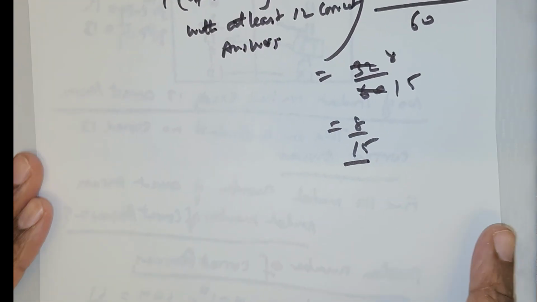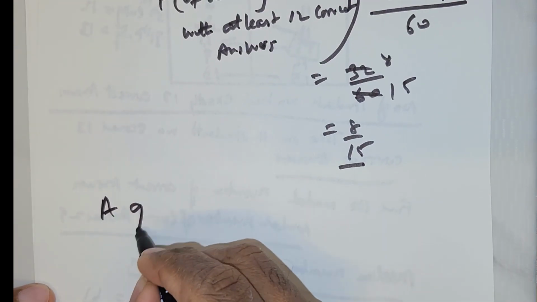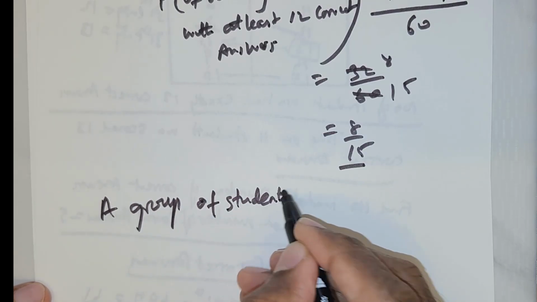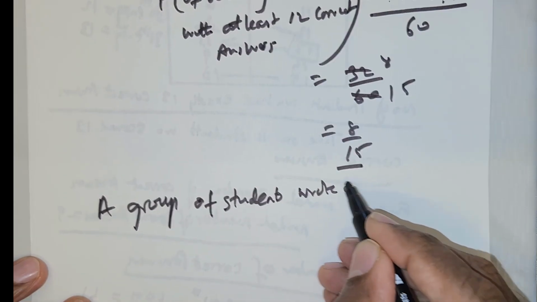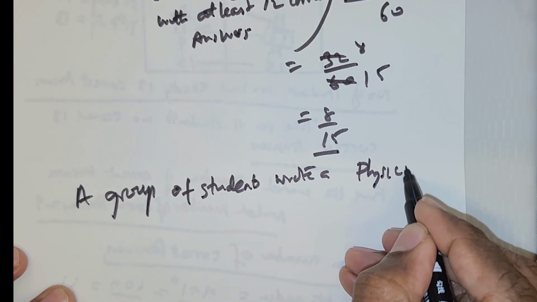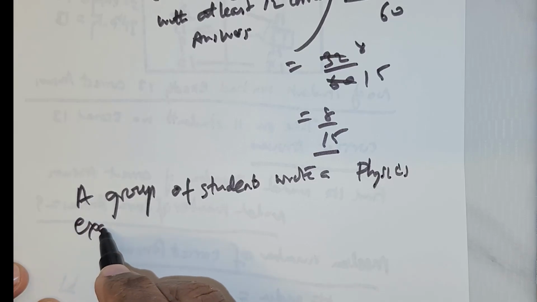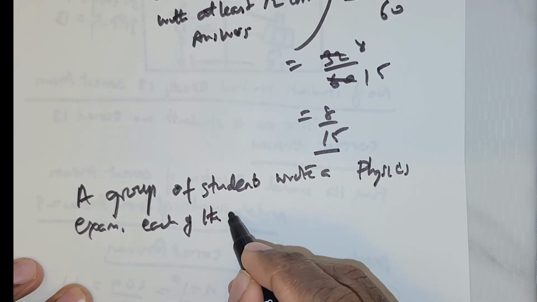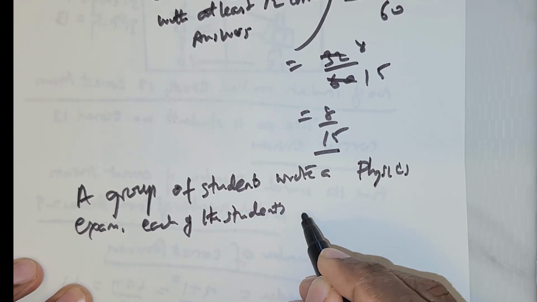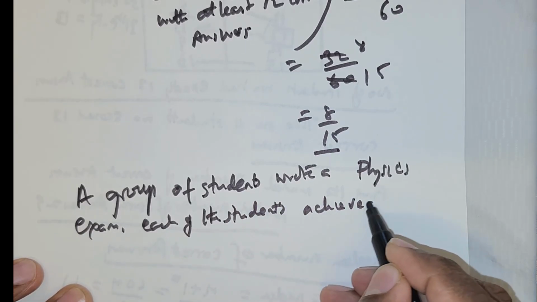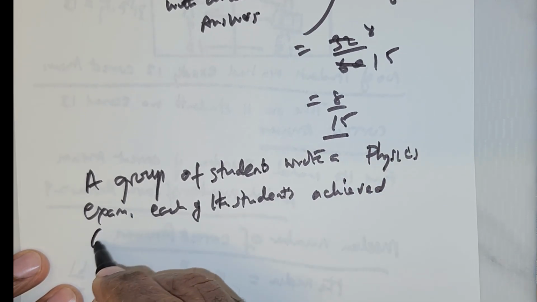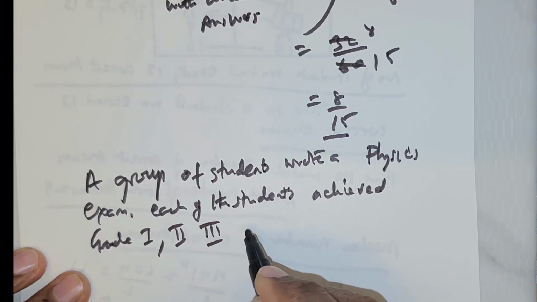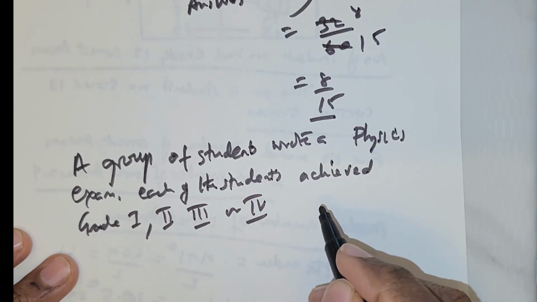Now this is the next question. A group of students wrote a physics exam. Now each of the students achieved grade 1, grade 2, grade 3 or grade 4.